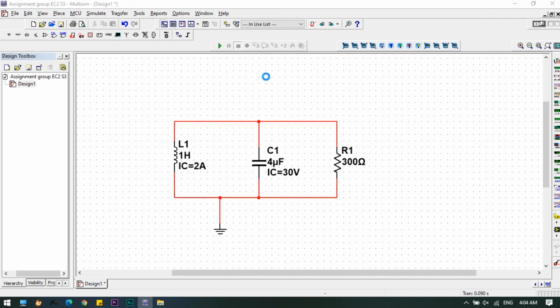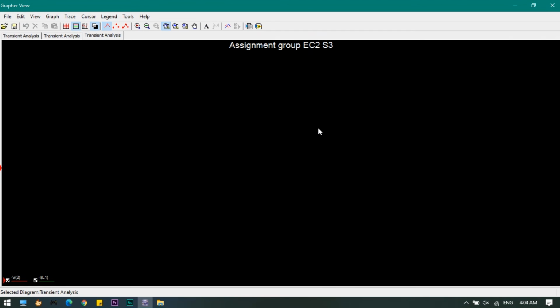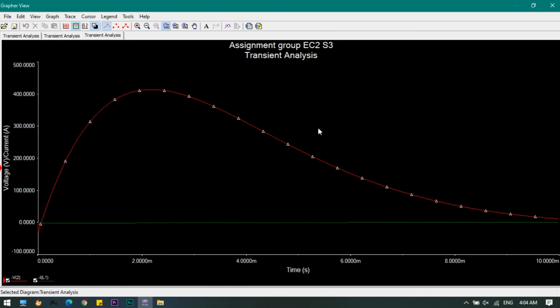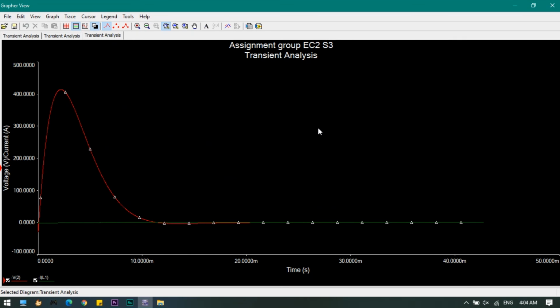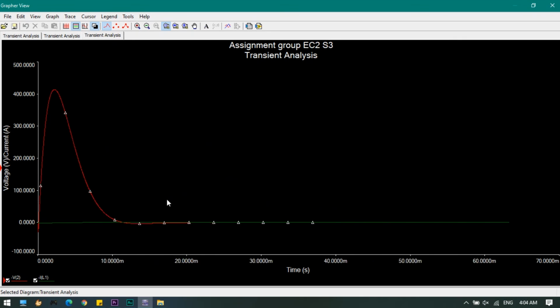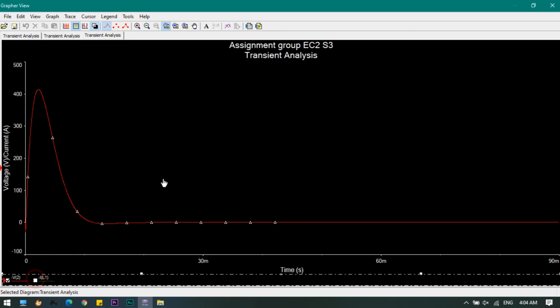And then the last case is underdamped, 300 ohm. Simulate. Yes, here it is. In the report, I missed showing you this.